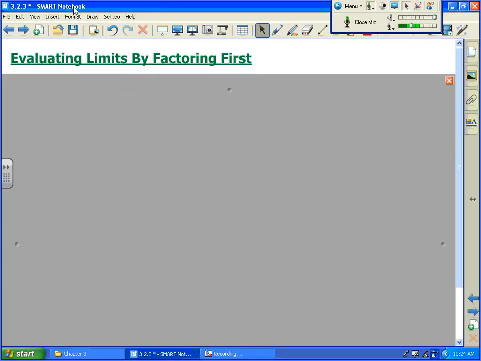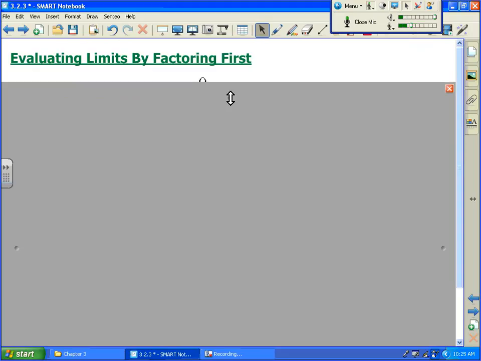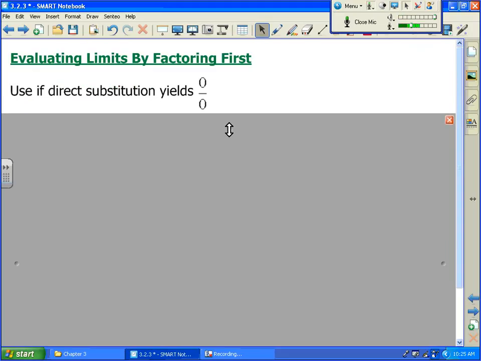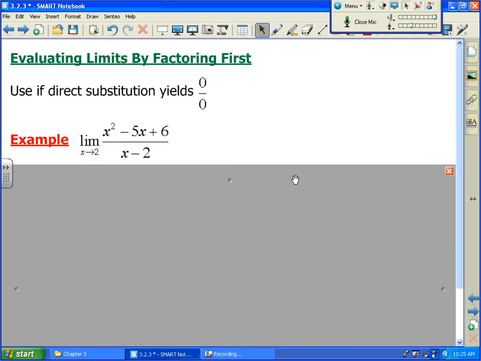Alright, another option that you might run into is evaluating limits when you have to factor first. So, with direct substitution, we run into a different type of problem. We run now into a 0 over 0. When you see this situation, what should come to mind is possibly looking to factor to get rid of that particular situation.